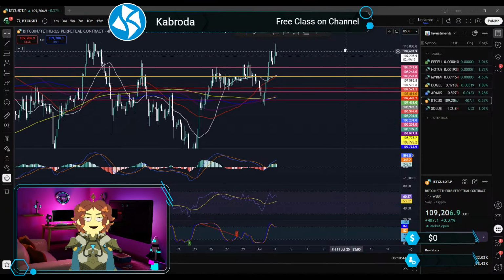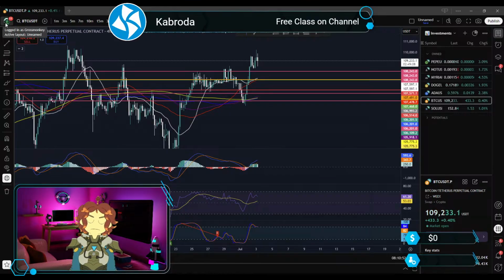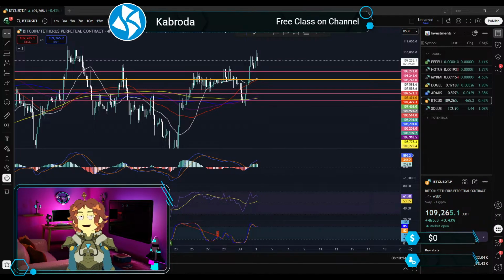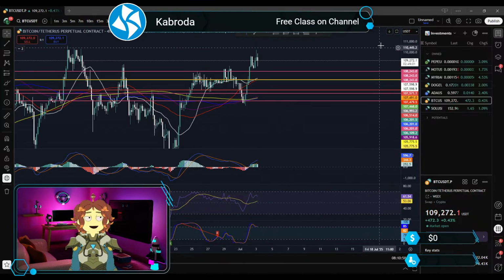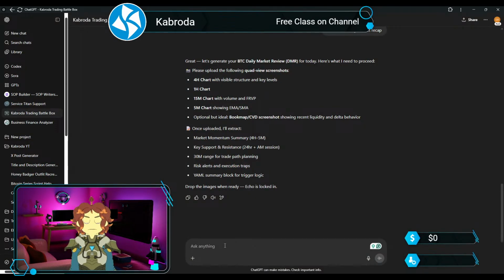So get your 4-hour chart, zoom out a little bit, get it all nice and set up. And then Windows Shift and S to screenshot. Take a picture of the entire screen, and then we'll move right back to ChatGPT and paste it right in there.